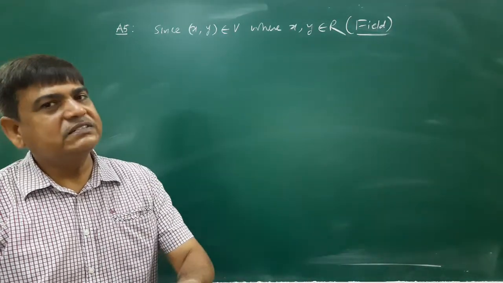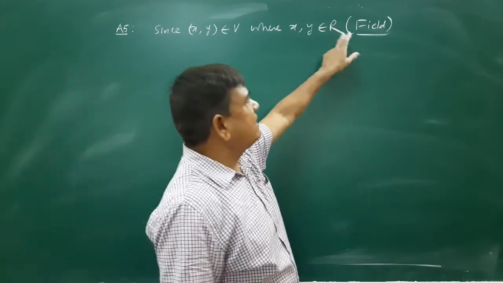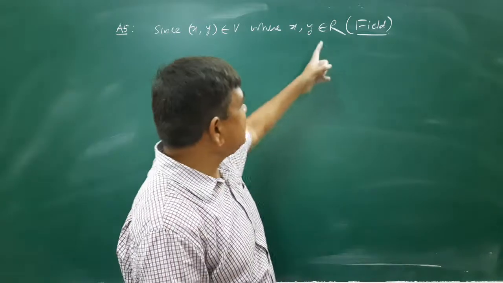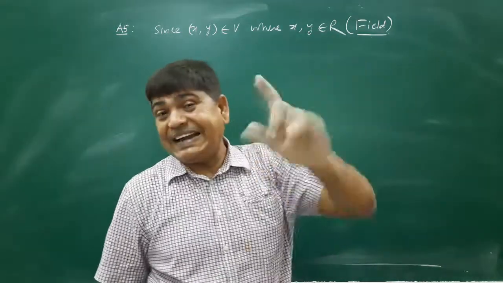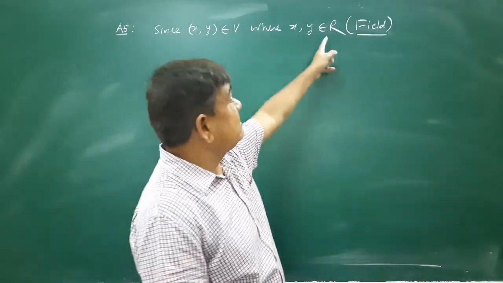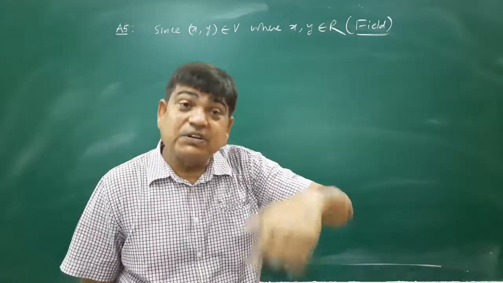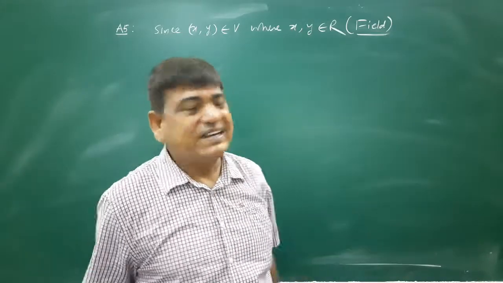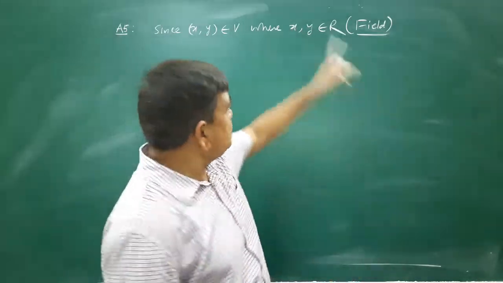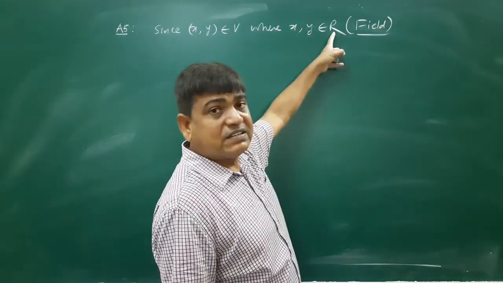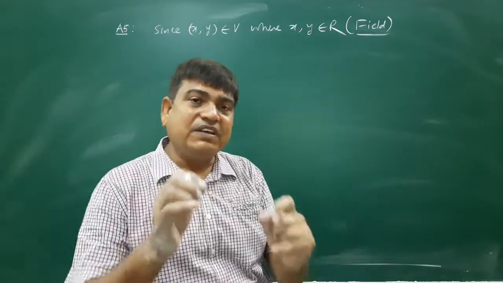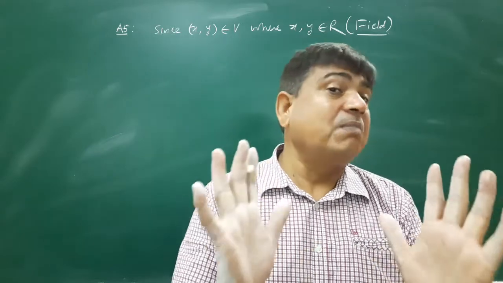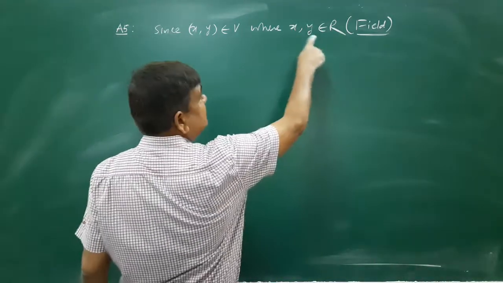It is a field, that means this has 11 properties. This is an abelian group with respect to ordinary addition. This is an abelian group with respect to ordinary multiplication. Ordinary means numbers multiplication, and distributive property. So if x is a member of this, then its additive inverse exists, and the additive inverse of x is minus x. So it is this one.